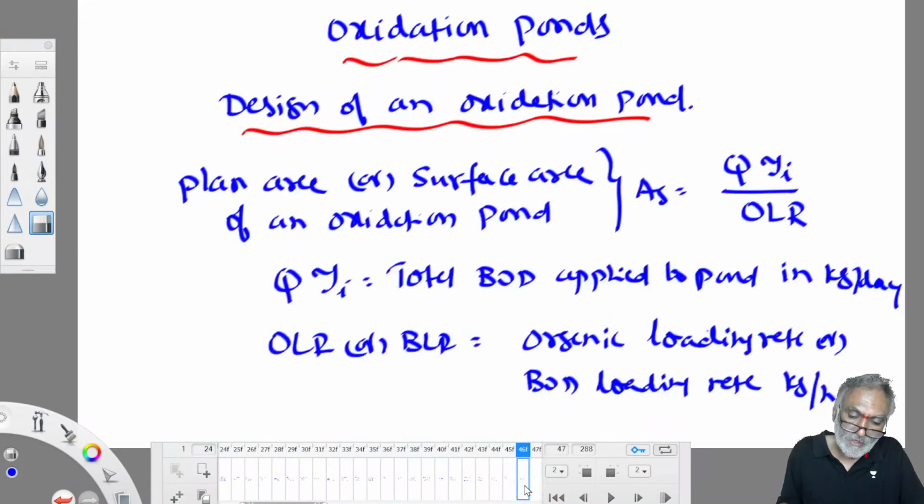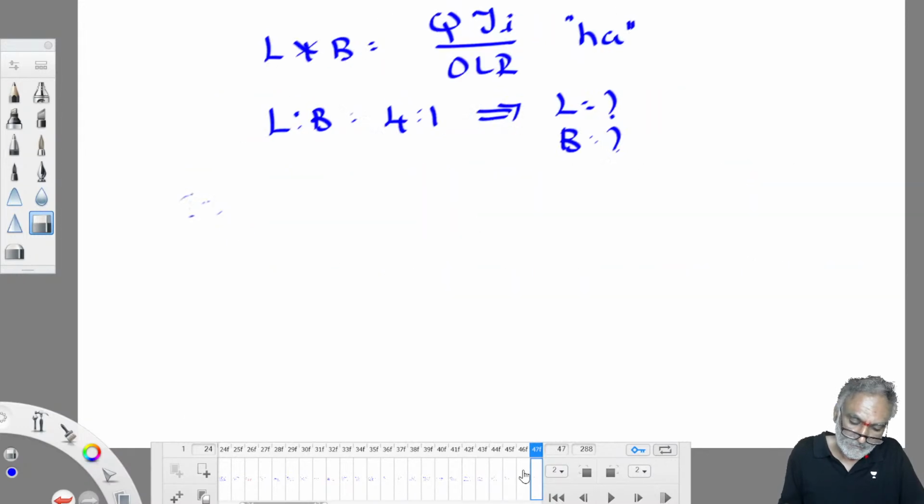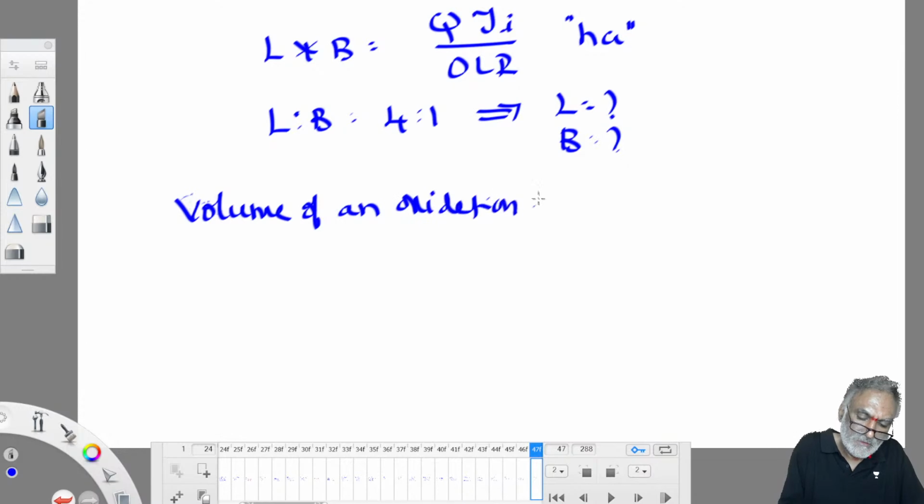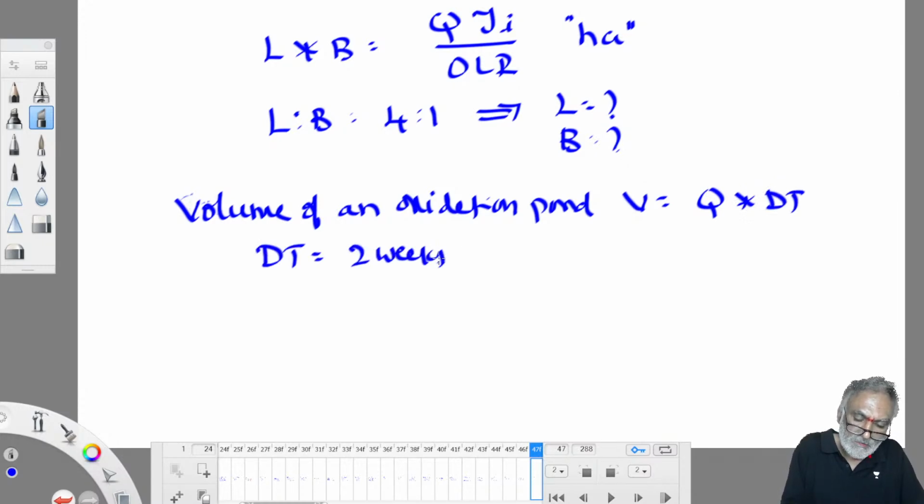Using detention time you can find out the volume of the oxidation pond. Volume of an oxidation pond is equal to Q into detention time. Normally detention time varies anywhere between 2 weeks to 6 weeks, or otherwise in days, 10 to 50 days.